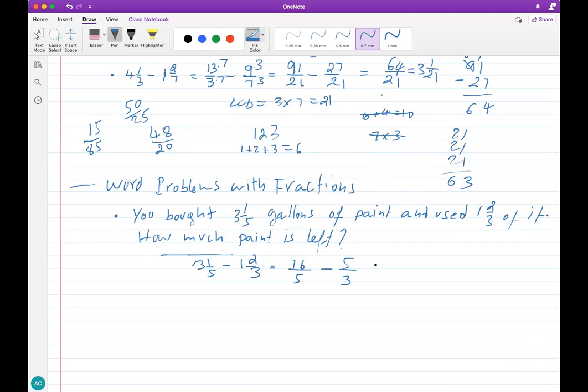What's the LCD here? The LCD is 15, right? So we're going to times this by 3 and 3. 16 times 3 will be 48.